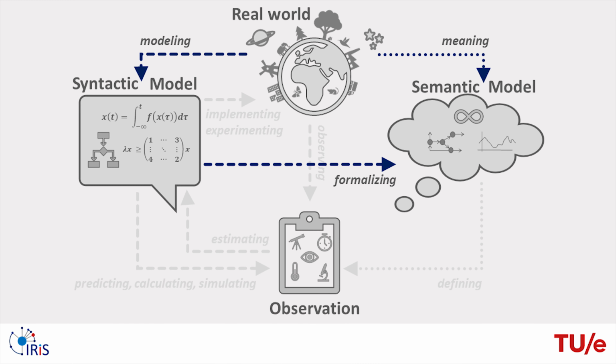A different way of looking at that would be to state that the modeling itself is inadequate. So modeling plus formalizing is not the same as meaning. This error is arguably the most abstract of the three, because you're both involving the real world, which is something that we cannot reason about precisely because we don't really know it, and the semantic model, which only exists in our mind.